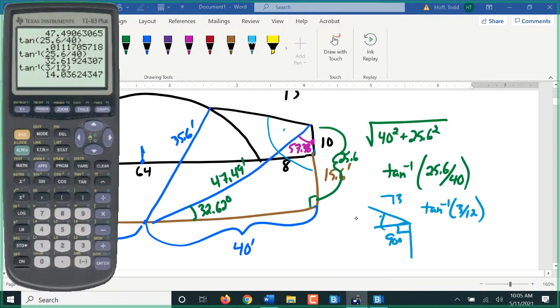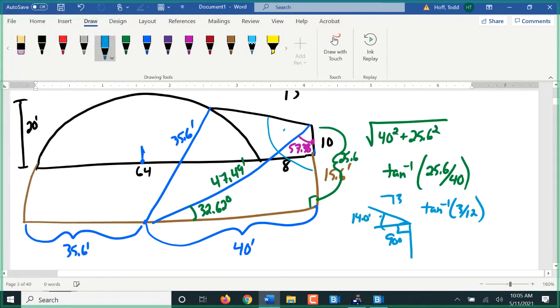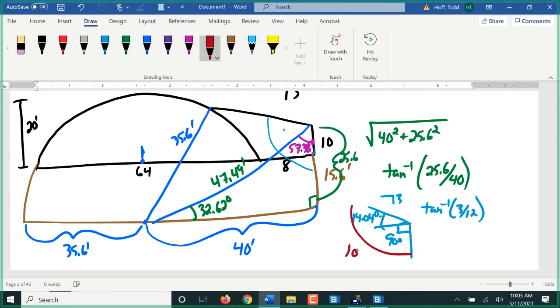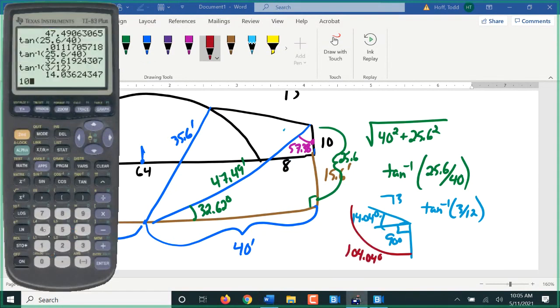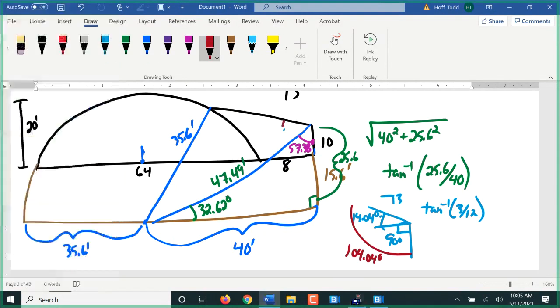And it is 14.04 degrees, which makes the whole angle 104.04 degrees. Subtracting the 57.38 gives us 46.66 degrees here.